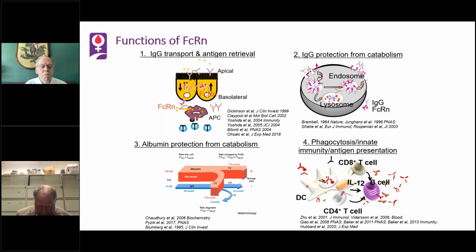And I will show you some better features of that. The same thing occurs in protecting albumin from catabolism. And then the growing interest and definition of something that's still not very well understood, which is the role of FcRn in phagocytosis, innate immunity, and in particular to serve an antigen presentation to induce immunity.